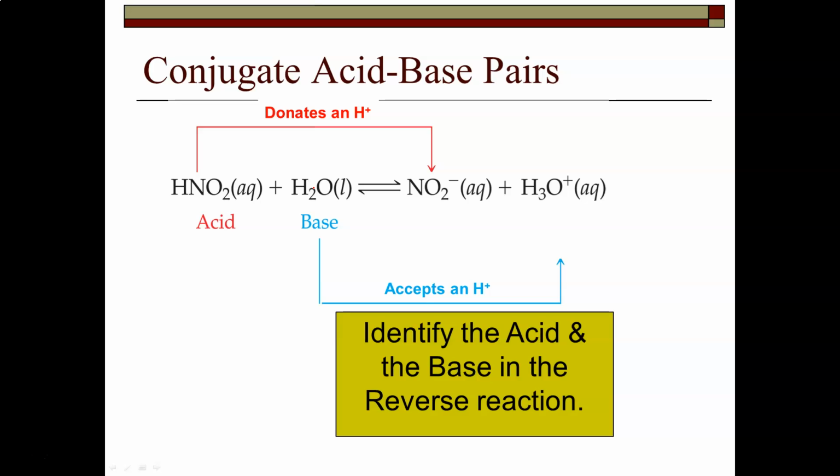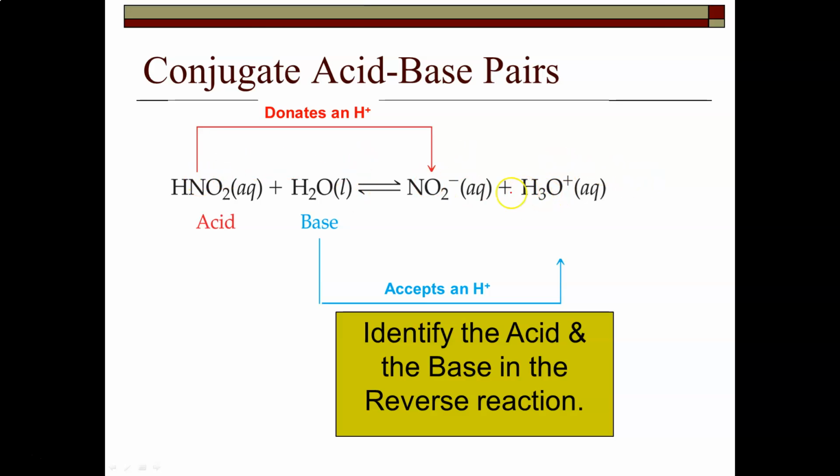Since it's an equilibrium system, we have an acid and base in the reverse direction. This is really easy. All you want to do is look at the reverse reaction and figure out what's your proton donor and proton acceptor. If the reaction is going right to left, H3O plus is creating H2O, so it's losing that hydrogen. Where is it going? It's going to the nitrite ion because we're making HNO2.